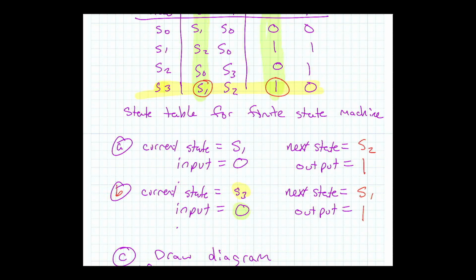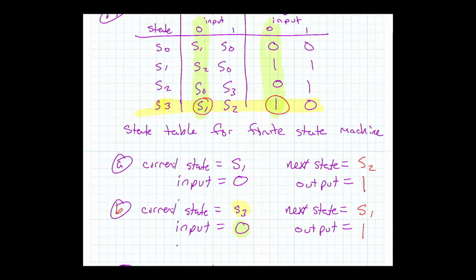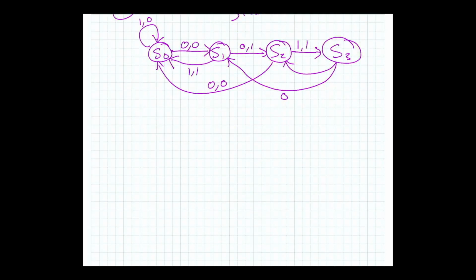Last row. So S3 can go to S1 or S2, 3 to 1, 3 to 2. Those are your choices. You go to 1 when the input is 0 and the output is 1. So 0, 1 on the one that goes to 1.